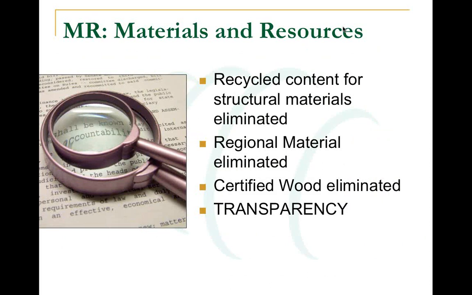That is open disclosure of what is in the material and what goes into creating a material, and letting the specifiers, the architects, and the design team evaluate for themselves, having a better understanding of the overall holistic impact of a material.